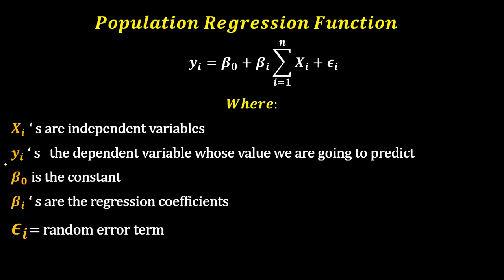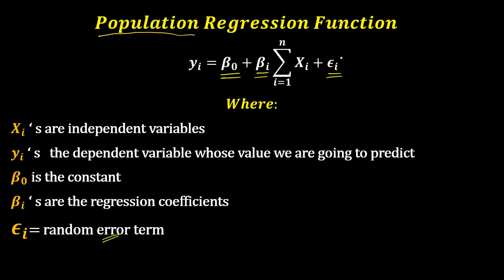These xi's are the independent variables, yi's are the dependent variables, and beta naught is the constant. Beta i are the regression coefficients that we are going to calculate. This epsilon i is the random error term, and when it comes in the population, it is not observed. So we are not going to calculate this.